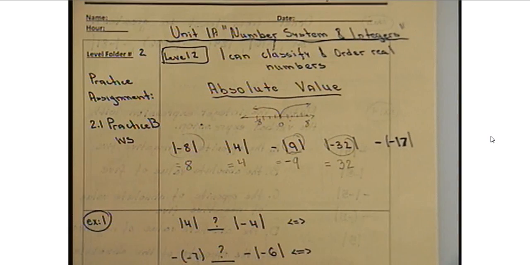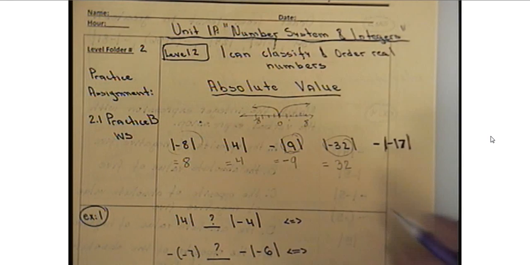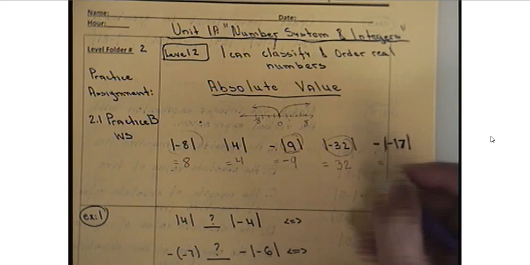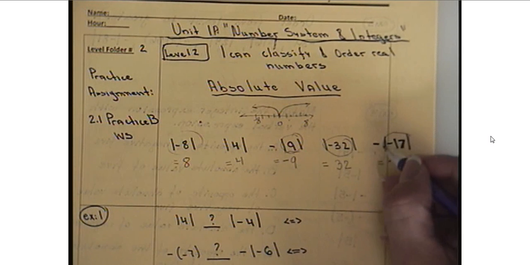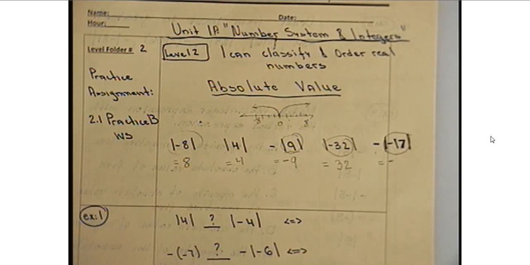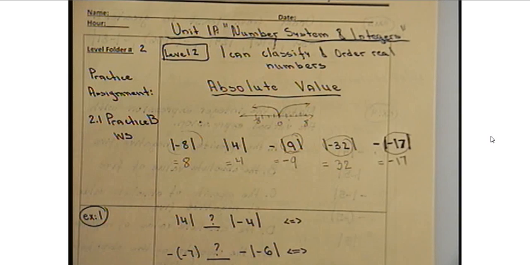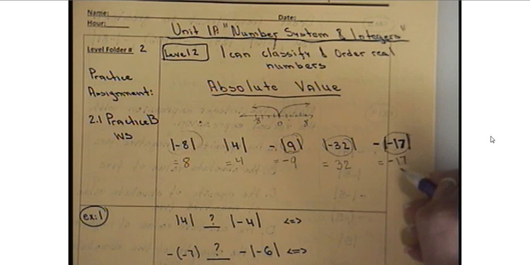Right here, hopefully you can see well, this is an absolute value. So we have a negative sign outside of the absolute value, which I'm going to write down, and then we have absolute value of -17. But the absolute value of any number is always a positive value. So the negative sign comes from the outside one, and this is just 17.